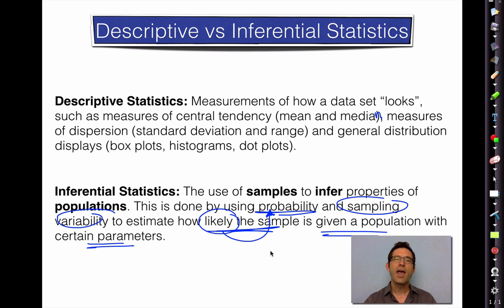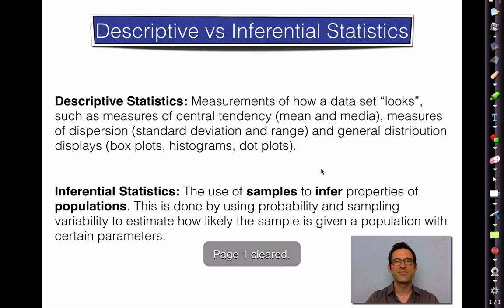Today what we're really going to be doing is looking at how we can take a sample, look at its mean primarily, but also its standard deviation, and try to say something about the population mean, which we will never know. We won't know the population mean, but we try to infer something about it based on the sample mean. That's inferential statistics. Let's jump into it.